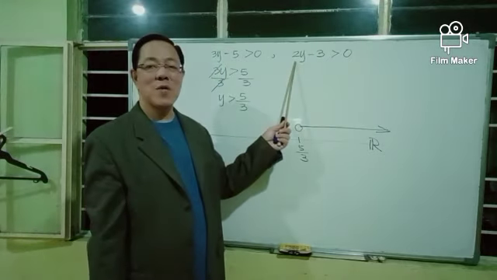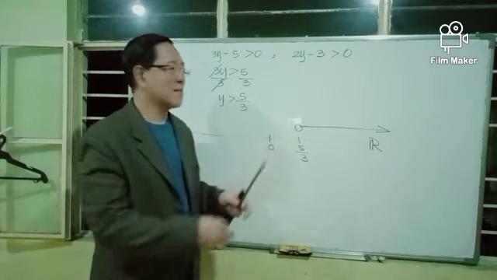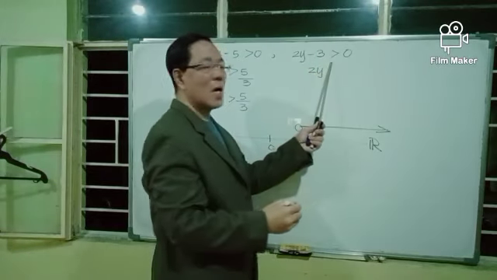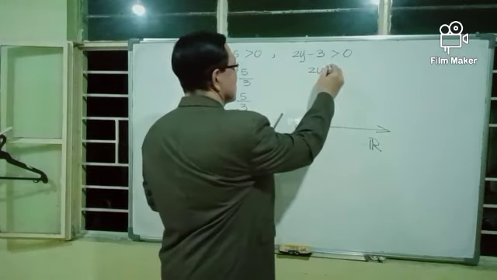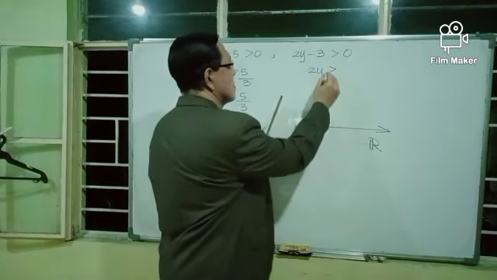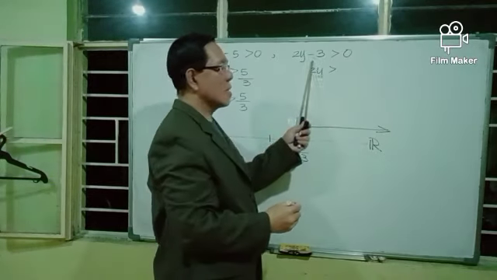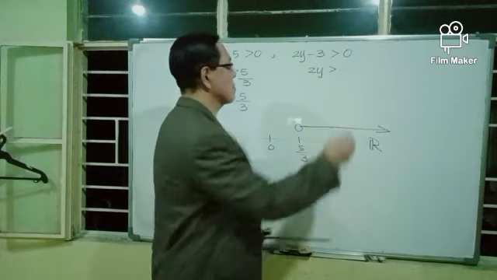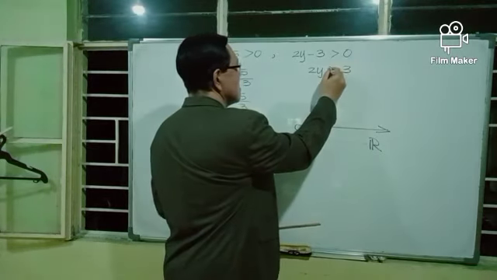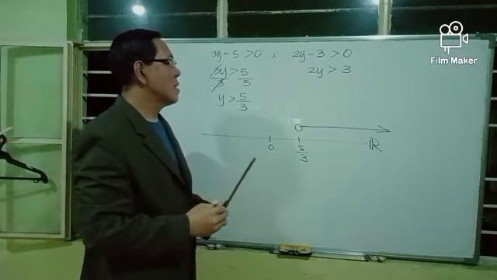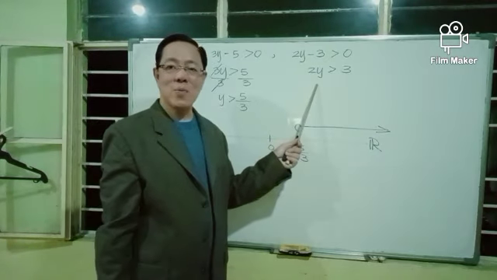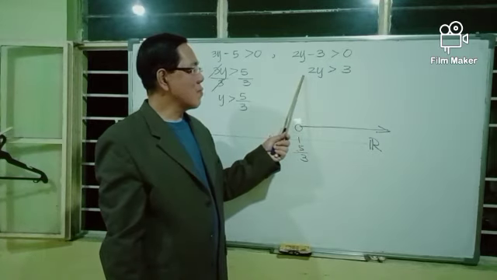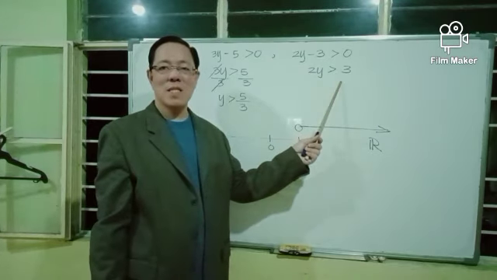And we are left with 2y at the left-hand side. 2y is greater than negative 3 transposed to the right-hand side becomes positive 3. And the coefficient of y in the final solution should be positive 1. Thus, we divide both sides of this inequality by 2.